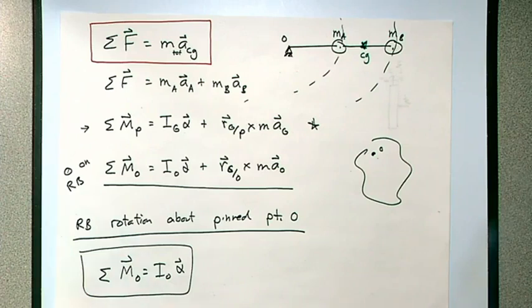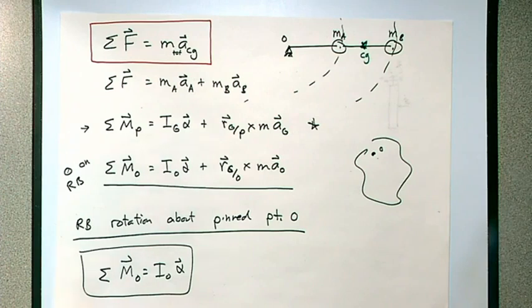Well, look at this. Same term, minus omega squared R. If you wrote this R from O to G in the R direction, that's all you got. R times alpha.